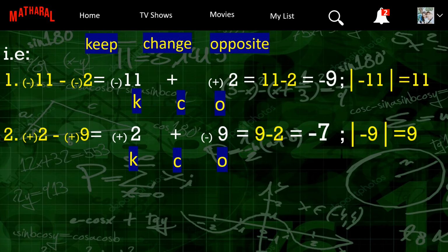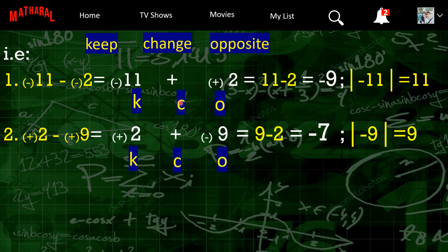So in here, in our example, we have negative 11 minus negative 2. So the keep, change, opposite has to take place. It says here that you must keep the first integer. Kokopyahin lang po. Keep. And you have to change the subtraction sign to addition sign.